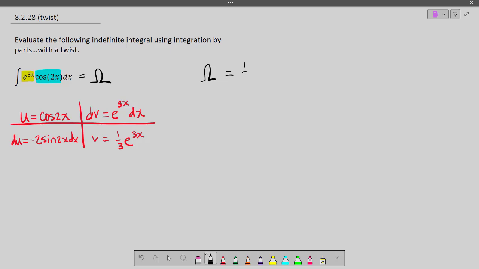Does not matter where the constant is. So 2/3 multiplied by e to the 3x. And for dv, we're going to go sine of 2x. Oh, whoops, I said that we were going to do the trig function with u, and then I didn't write it with u. So u is sine of 2x and dv is 2/3 e to the 3x times dx.